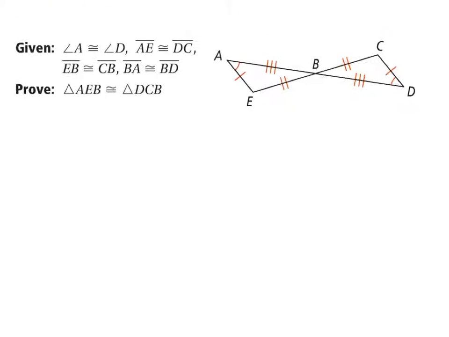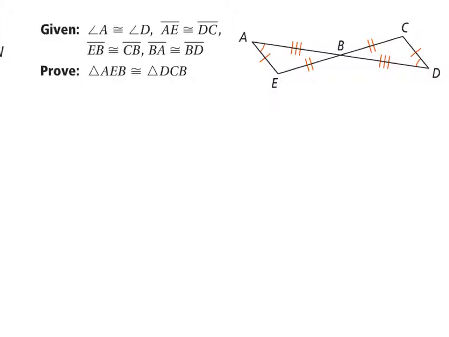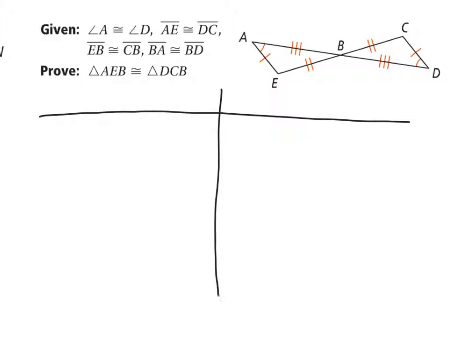One more proof to do together. So taking a look here, we're going to get this proof started with a 2-column proof. Statement number 1, of course, is all of our givens, which again, there are a lot of them.